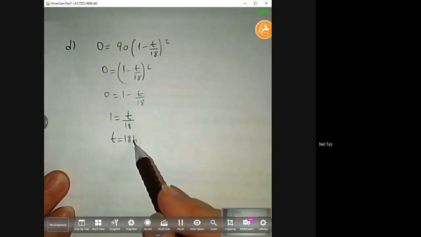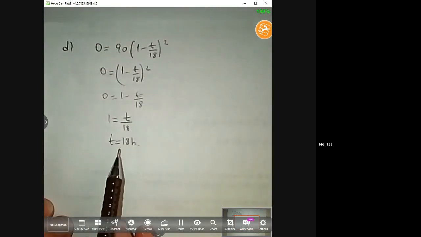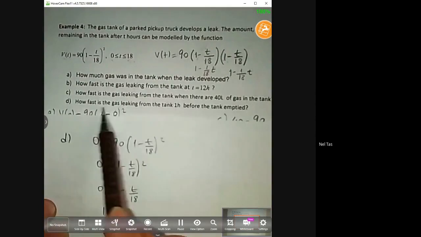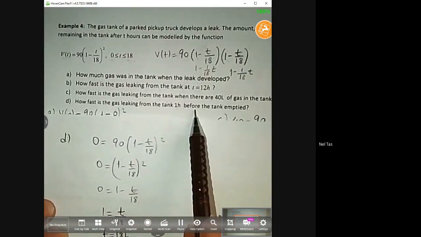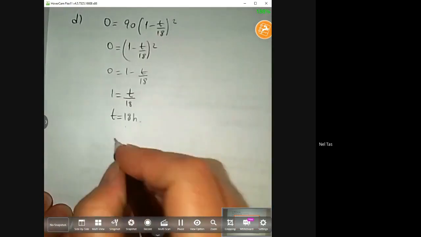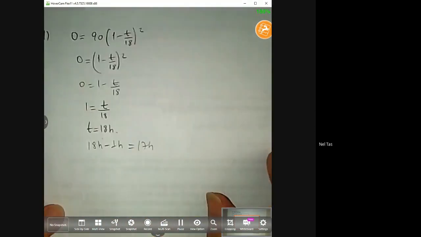And after 18 hours, now there is no gas left in the tank. The tank is emptied after 18 hours. But we want to know how fast is the gas leaking 1 hour before the tank emptied. So we need to subtract now 1 hour from this to get 17 hours.